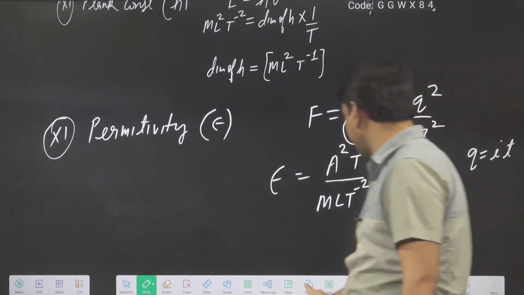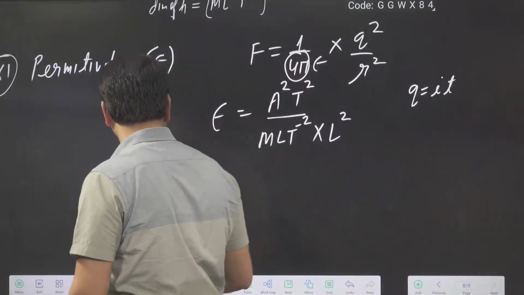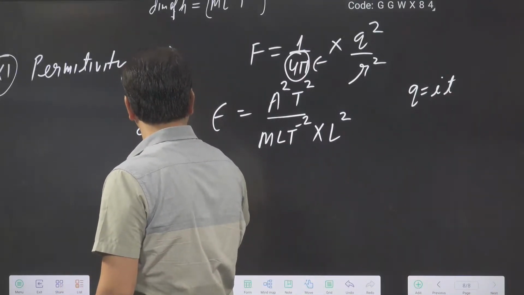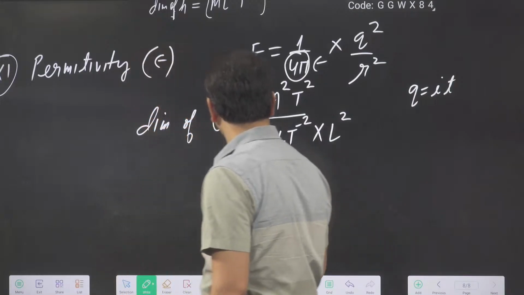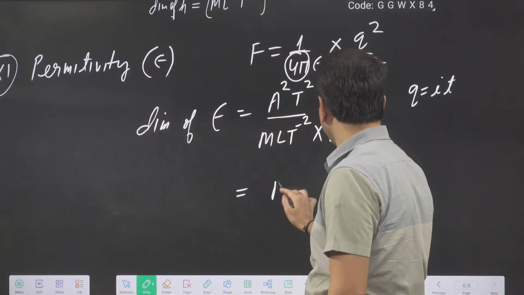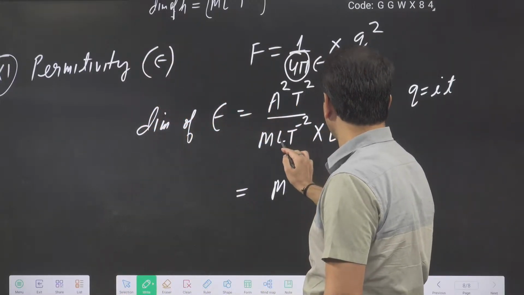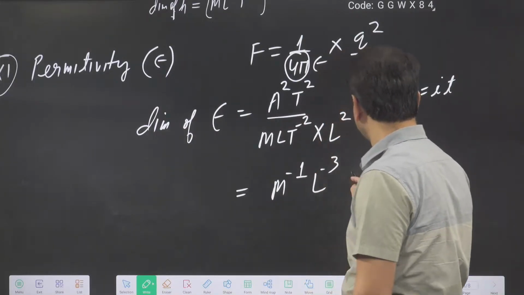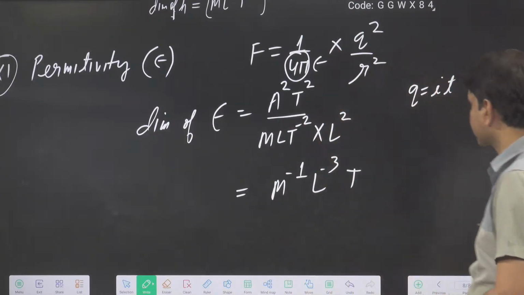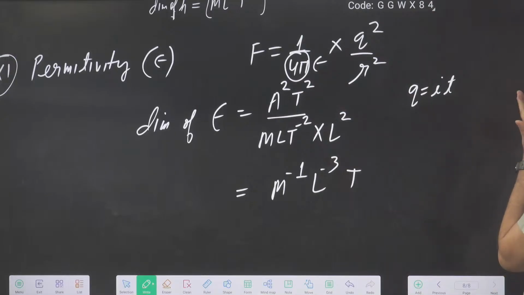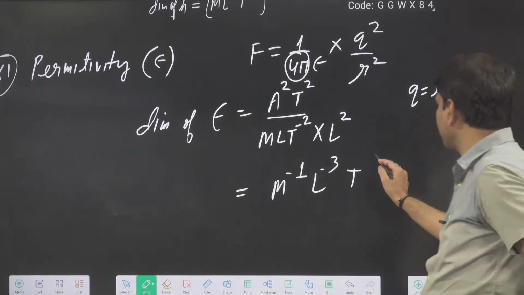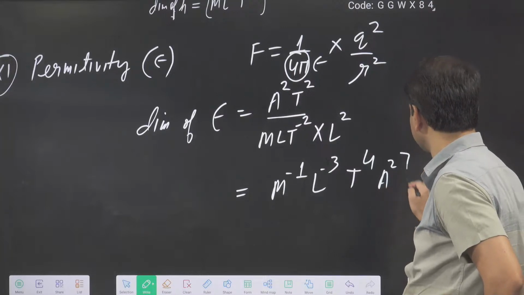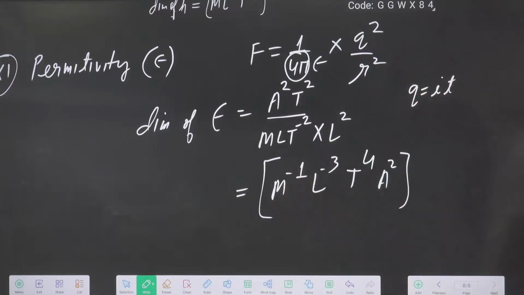Then after solving, you will get the dimension of epsilon. That is equal to what? M minus 1, L minus 3, T to the power 4 and A to the power 2. This is the dimension of the epsilon.